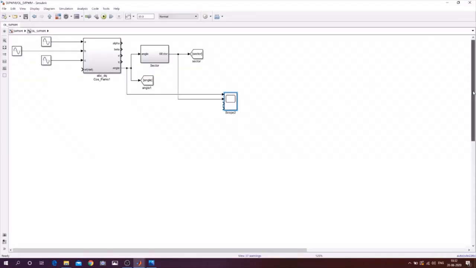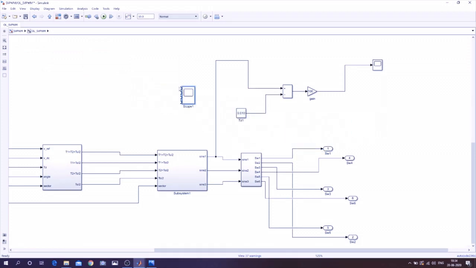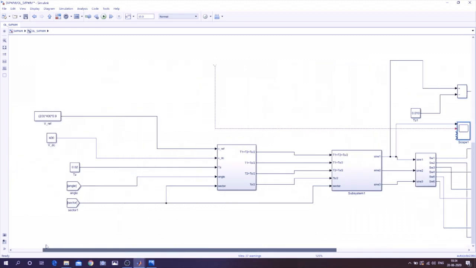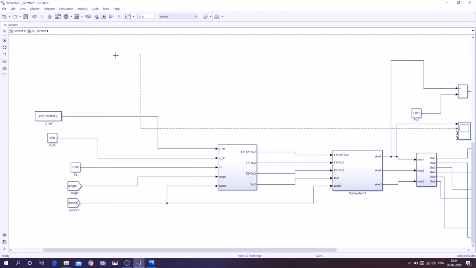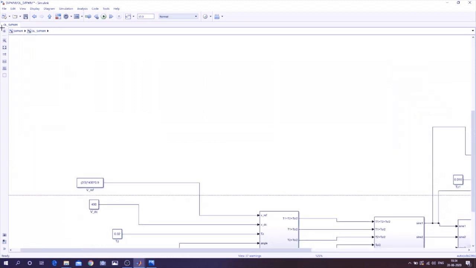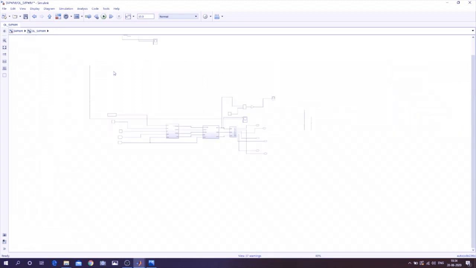Next, let us check how the sine waves look, and what our input sine wave was.